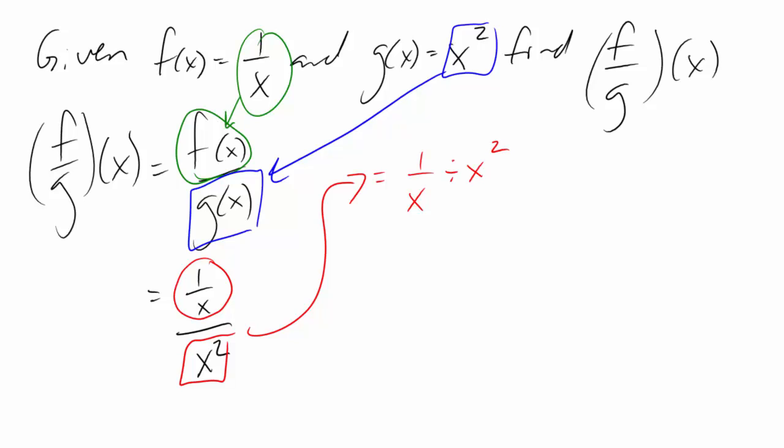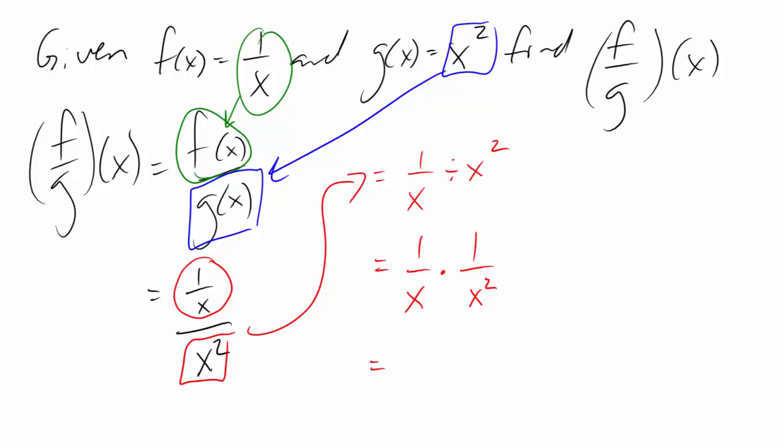And of course, dividing by something is the same as multiplying by its reciprocal, so this will be 1 over x times the reciprocal of x squared, which is 1 over x squared. So when we multiply this out, we're left with 1 over x to the third. And that is going to be our answer for our f over g of x.